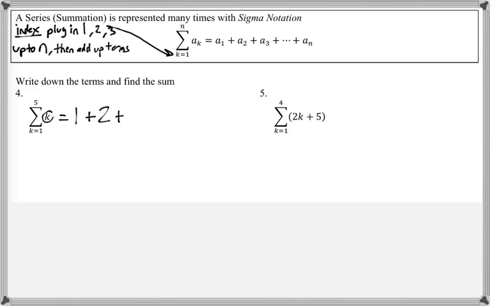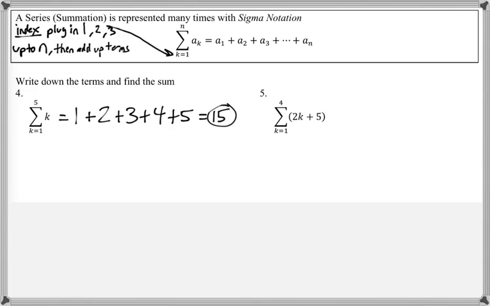Then you plug in 3, and that'll be 3. Then plug in 4. Then plug in 5. So you're adding up the first 5 terms, and because the formula is just k, it's just the number. So if you add these up, then you should get 15.